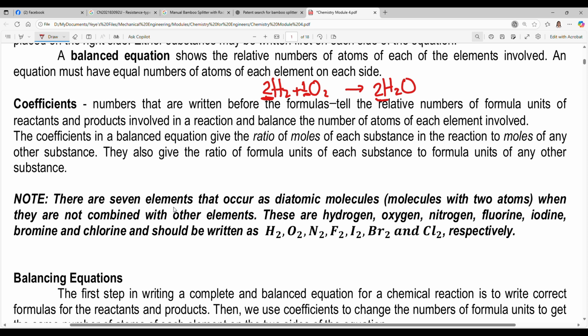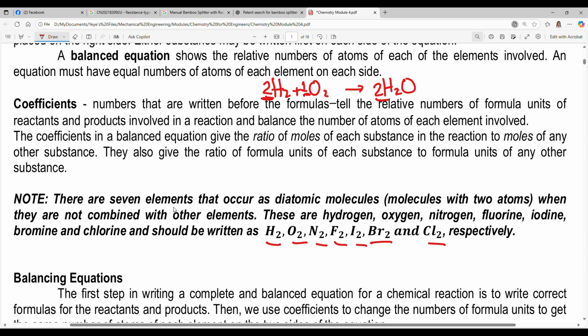Take note that there are 7 elements that occur as diatomic molecules, or molecules with 2 atoms, when they are not combined with other elements. These are hydrogen, oxygen, nitrogen, fluorine, iodine, bromine, and chlorine, and they should be written as H2, O2, N2, F2, I2, Br2, and Cl2 respectively. In writing the chemical equation, since these are diatomic molecules, they should have a subscript 2.